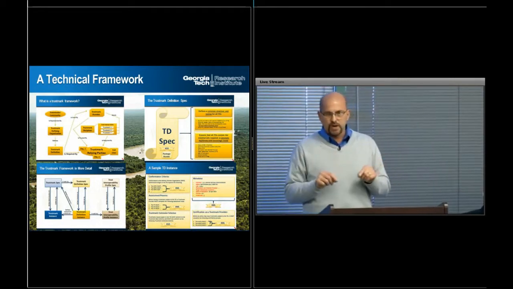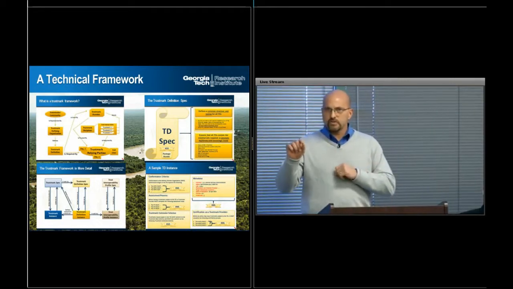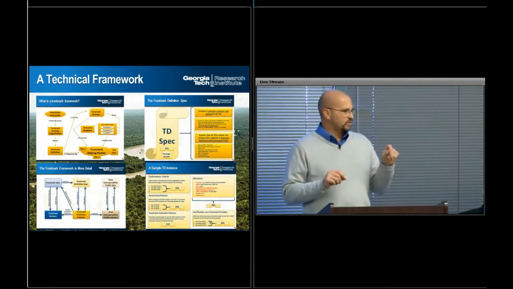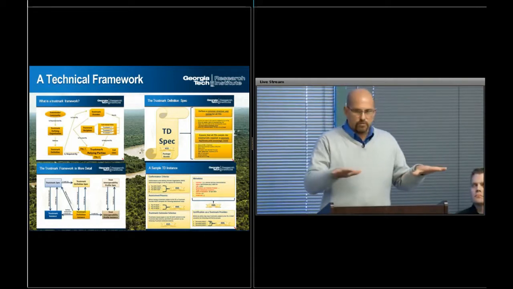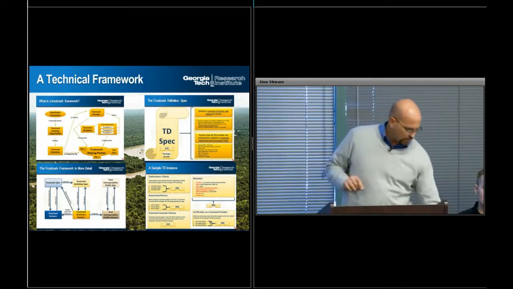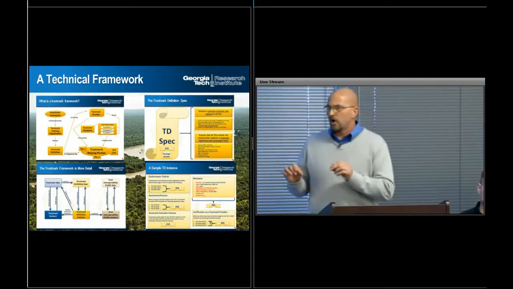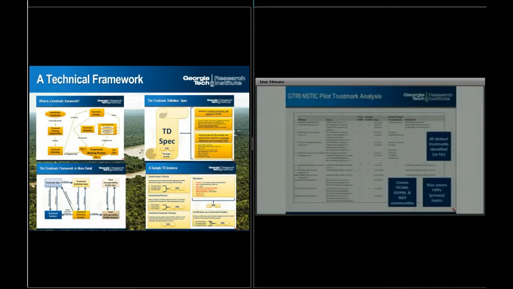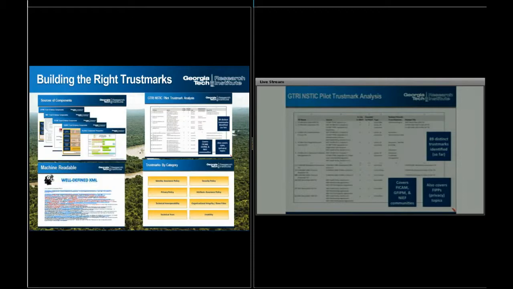In factoring out these components, we're saying one trust mark definition per conformance target. So while there are many trust marks that we're building, and we'll show you our analysis here, it ends up being simpler because the trust mark definitions are much simpler and smaller. As we show you the examples, it may be 3 or 4 pages at max for a very precise normative trust mark definition, rather than having to look through 100 or so pages in the normative spec to find out what applies to that level of assurance or that particular aspect or conformance target.